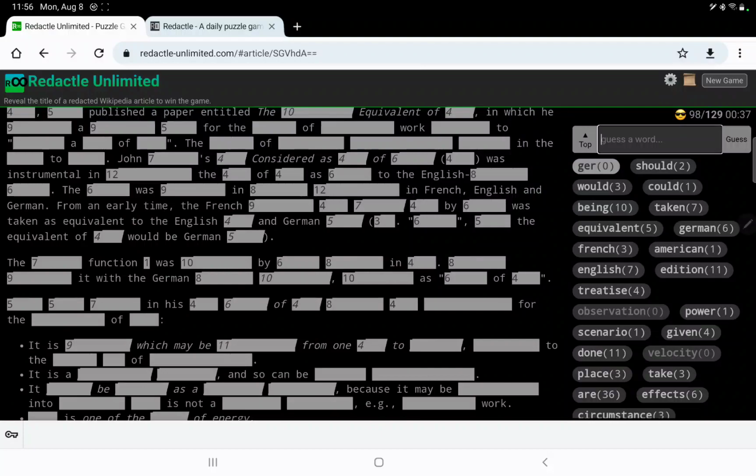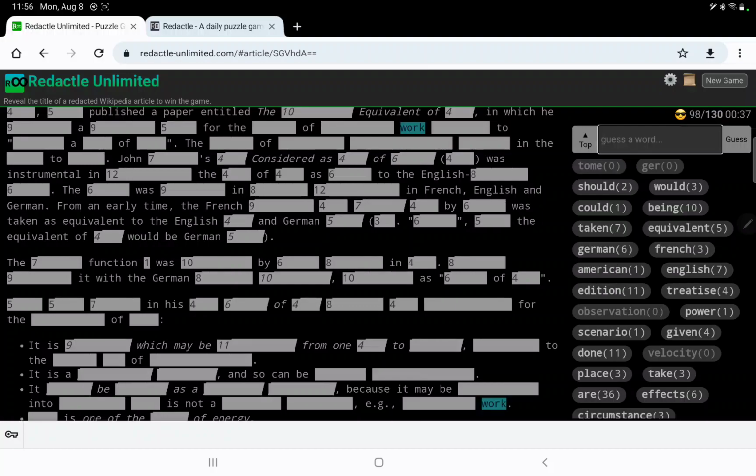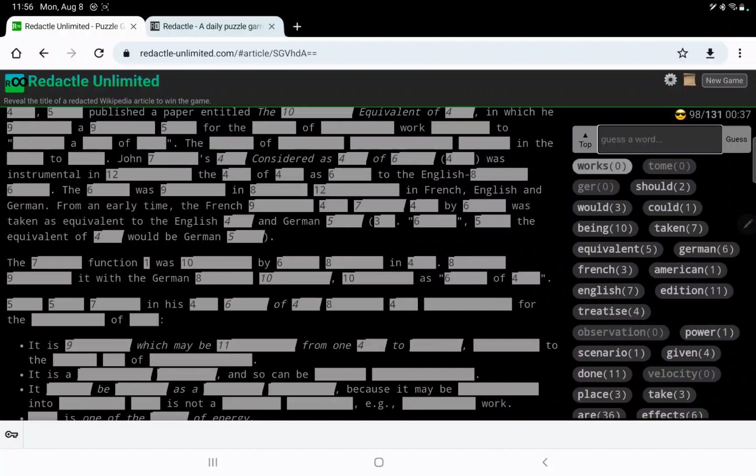Smushed it. 5, 5, 7 in his 4. So it's not book or paper in his tome. No, in his, we've done work, right? Yeah. How about works? No. In his, oh my goodness. Something. Blank of blank.